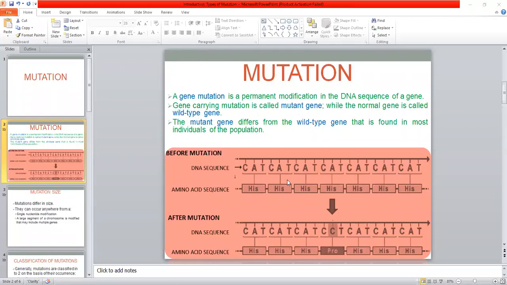So due to the mutation, the function of the gene is changed as a result of the production of the modified protein, caused by the change in the triplet code. So gene mutation is a permanent modification in the DNA sequence of a gene, and the gene which undergoes mutation is known as a mutant gene.